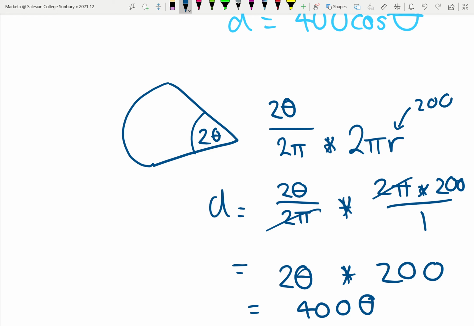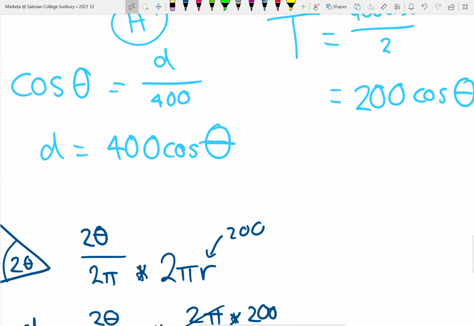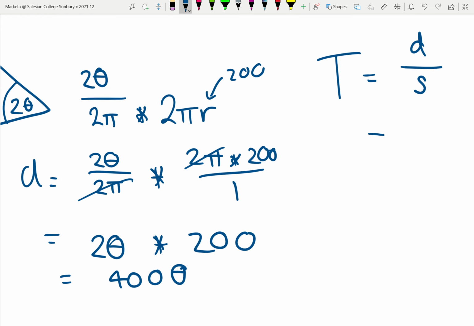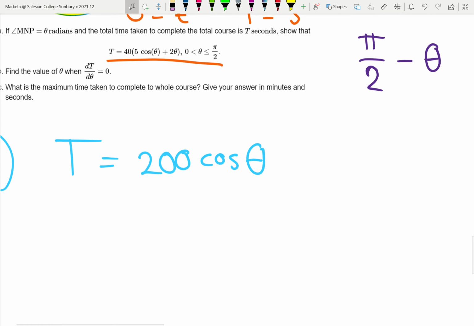So that's our distance. And remember, we are looking for the time. And the time is the distance over speed, which is 400 theta over, and I'm pretty sure it was 5 seconds per meter. So that will give us 80 theta. So our time is 80 theta. So let's go and add that to the total.